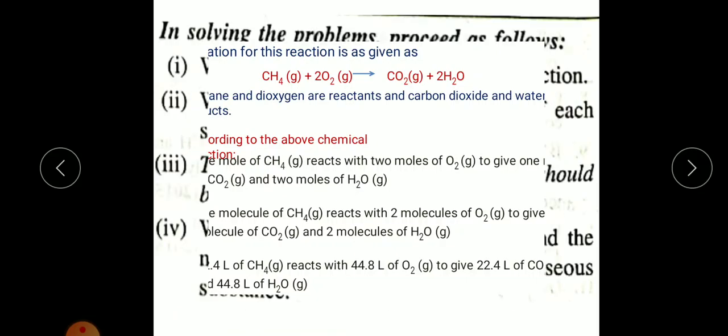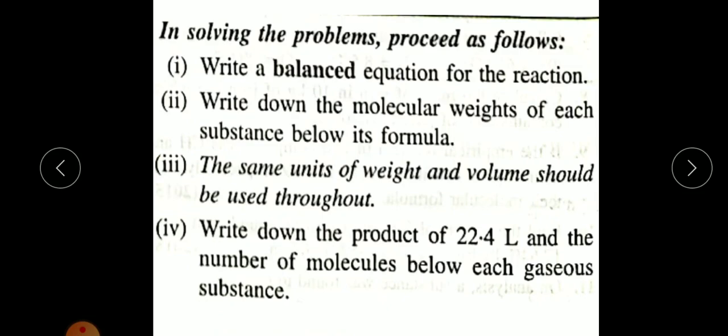Right. Now in solving this problem, we'll proceed as follows. What are the different steps that we need to do? First, write a balanced equation for the reaction. That will be our first job in this numerical. Then we will write down the molecular weight of each substance below its formula, by calculating it, and the same units of weight and volume should be used throughout.